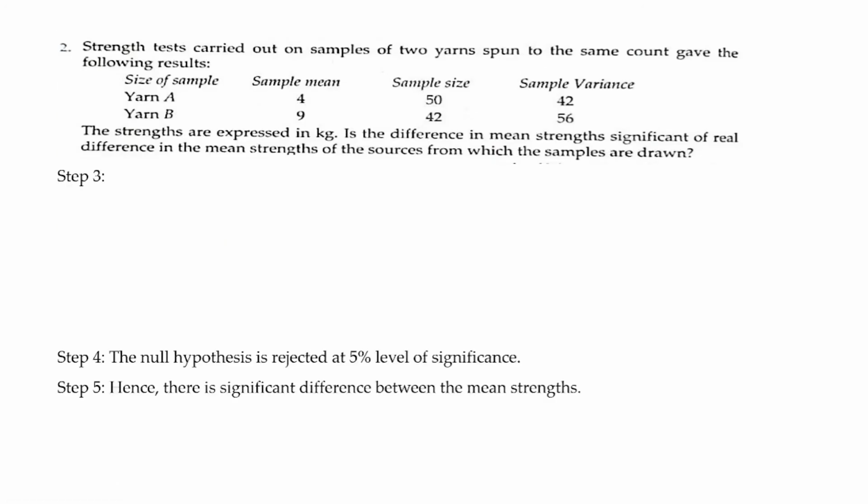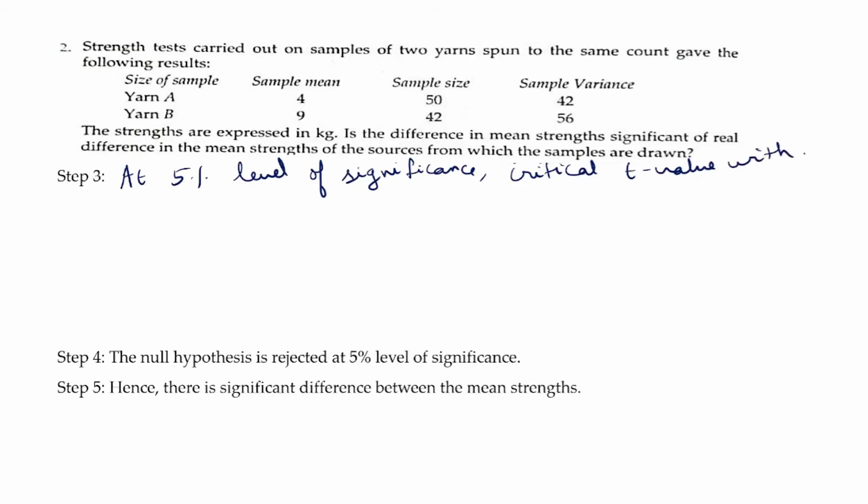So we can write the next step. At 5% level of significance, the critical t-value with 90 degrees of freedom is equal to 1.987.